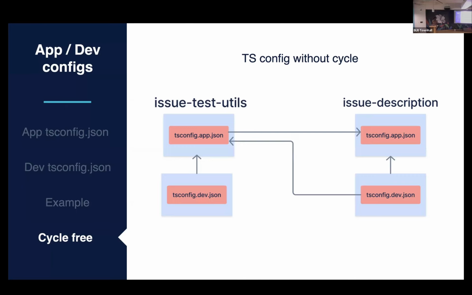That is the reason those 2 horizontal lines are there. The 2 vertical ones, let's start with the first one, is the tsconfig app.json for issue test utils, which has a dependency on issue description. That is because it requires issue description to build its test utils, right? And then the other one is the tsconfig dev.json of issue description, which requires issue test utils. And that is again because you want issue test utils for your tests, so you can declare it as your dev dependency.